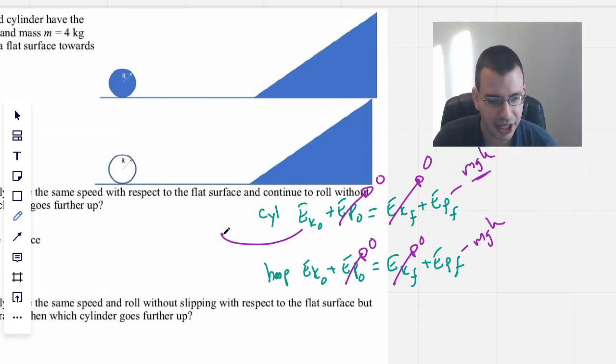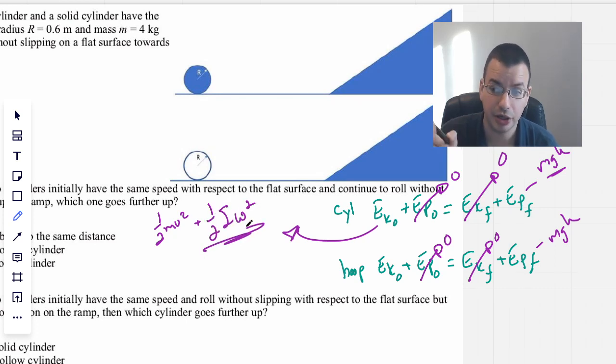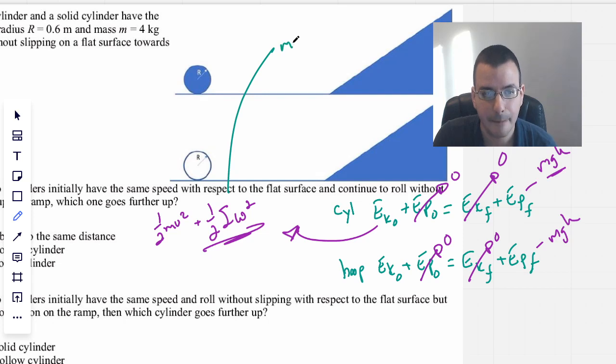But then for this kinetic energy, we're going to have two parts. Normally you just have your 1/2 mv squared. But this time we're going to add 1/2 I omega squared. So this part is going to be the rotational kinetic energy. This I right there, that's the moment of inertia.